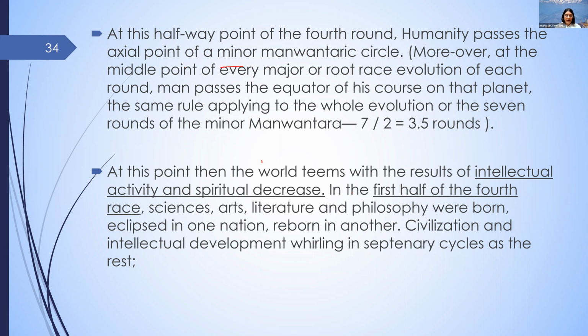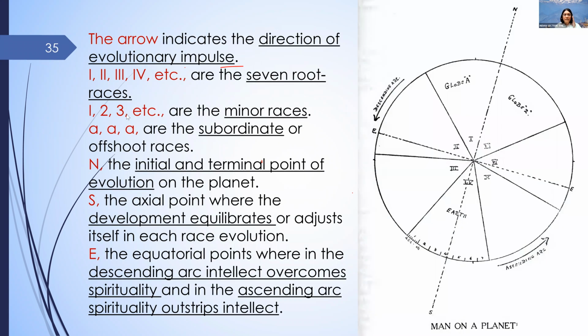So this same rule applies to the whole evolution of the 7 rounds of the minor Manvantara. So 7 divided by 2, that is 3.5 rounds. 3.5 rounds descending, then 3.5 rounds ascending. It will be more clear if you refer to the diagram again. So I have shown the diagram again.